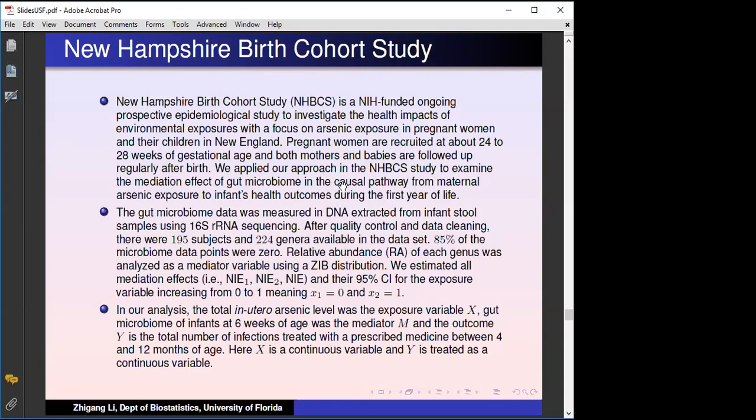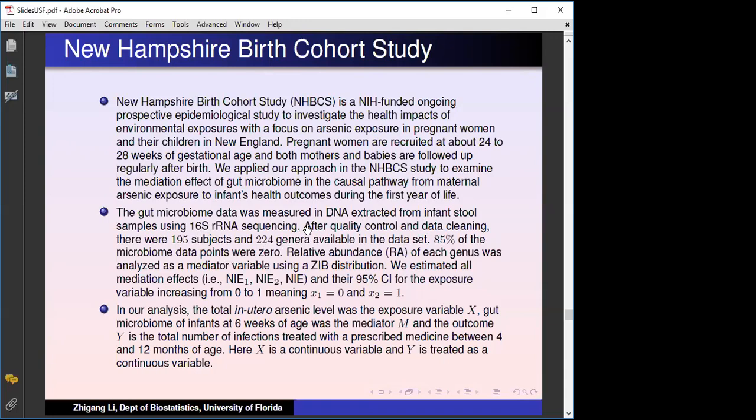So we applied this mediation method in this study, trying to examine how the gut microbiome of the baby could have some mediation effect on the potential causal pathway from arsenic exposure to the health outcome of the babies. In this study, the gut microbiome was collected using 16S sequencing, using the stool sample.